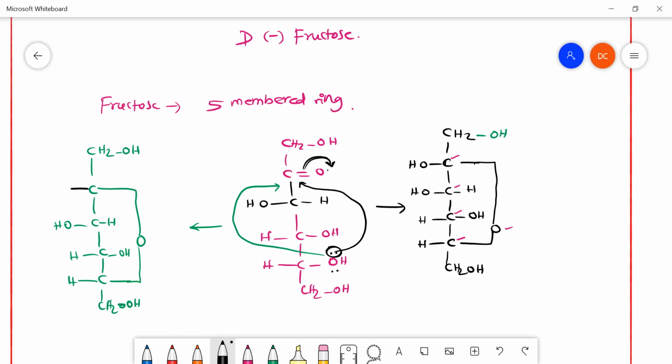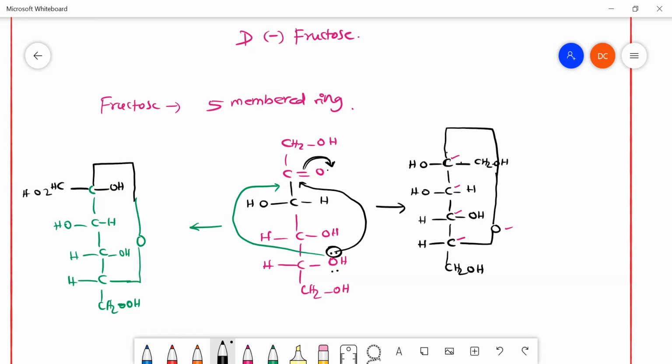So I can write like this also. Instead of writing the CH2 group here, I can write it like this for better understanding. If the CH2OH group is here, the entire thing will be taken over here, and here OH.